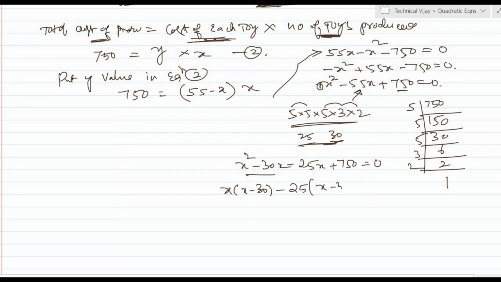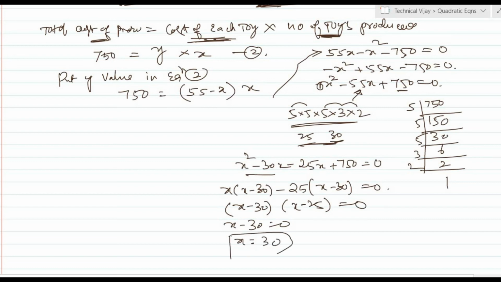So x minus 30 is one term and x minus 25 is the other term. We equate each to 0. So x is equal to 30 is one root, and x minus 25 equal to 0 gives x is equal to 25. These two are the roots of this quadratic equation.